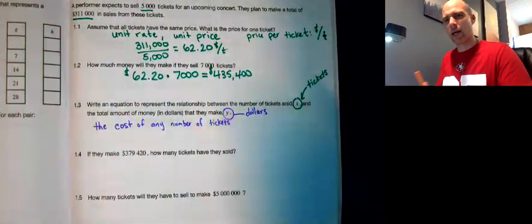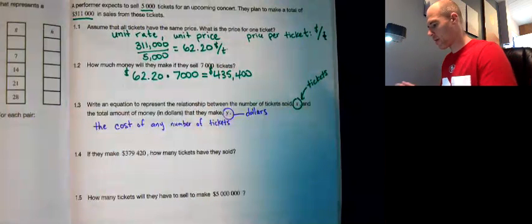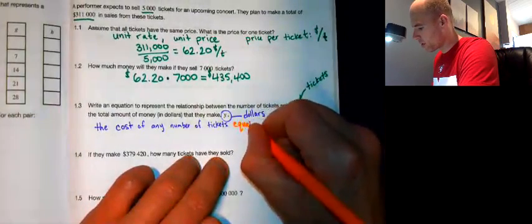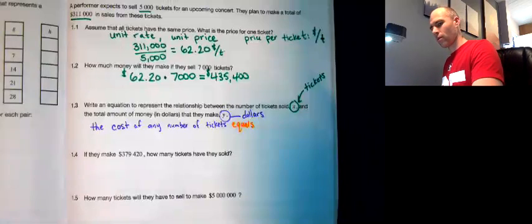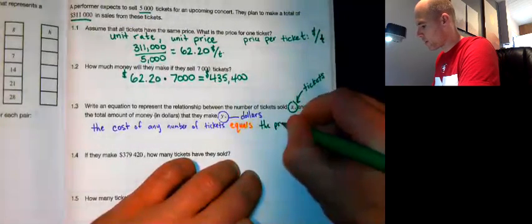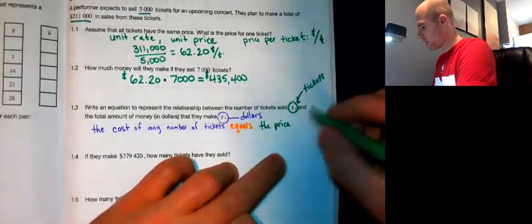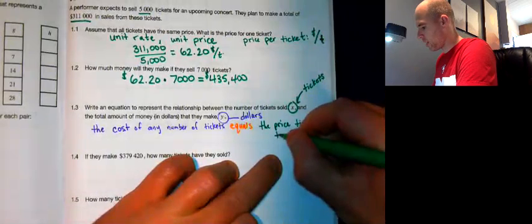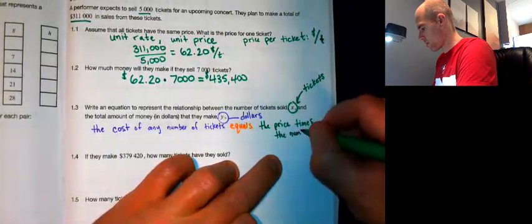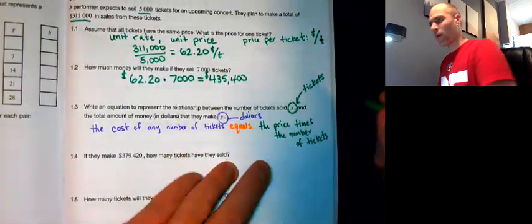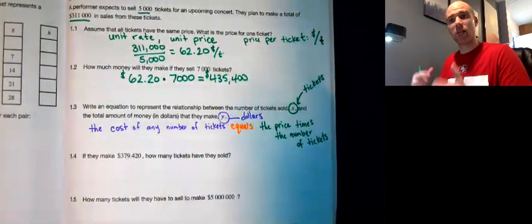I'm just writing this to help you understand what I'm doing, but in Desmos you probably just want to enter the equation that we're going to come up with. Right, this is a word sentence that says what we're trying to do here.